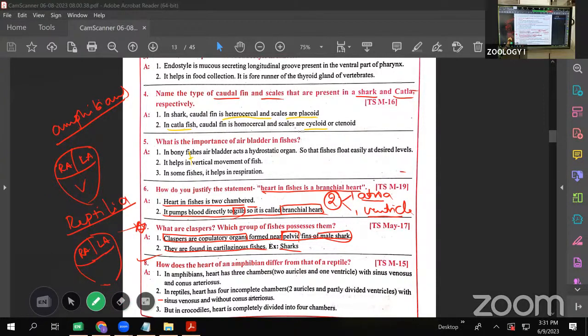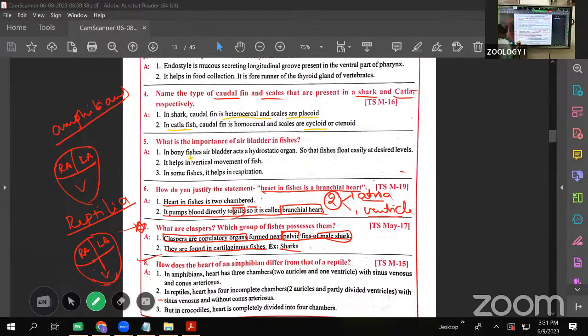See this one, incompletely divided. The ventricle is not completely divided, so not four full chambers. In amphibians the ventricle is not divided at all, but in reptiles the ventricle is partially divided. That is the difference between the amphibian heart and the reptilian heart.